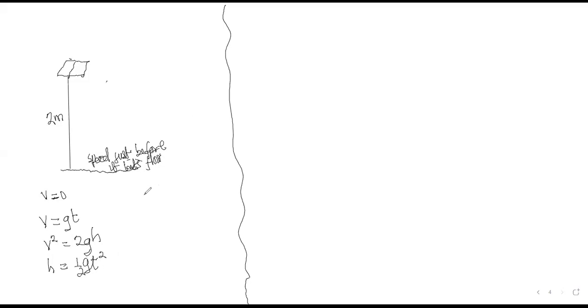So clearly, let's take g to be 9.8 meter per second squared. Using this equation, V just before it touches will be square root of 2 times 9.8 times 2.